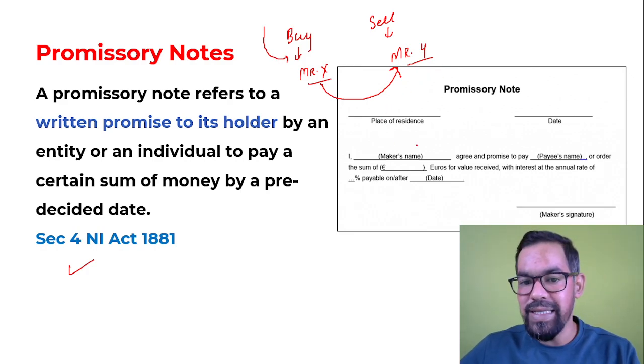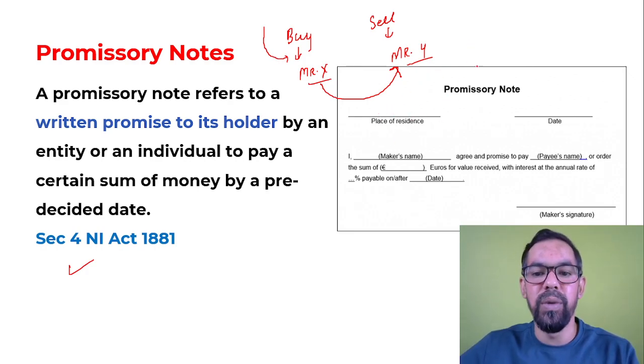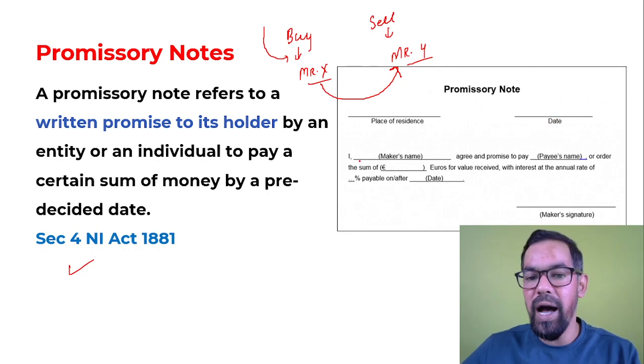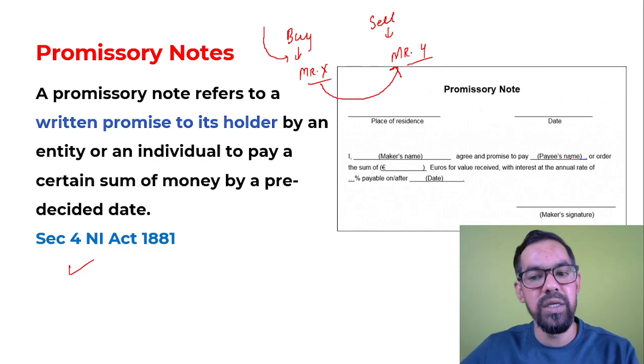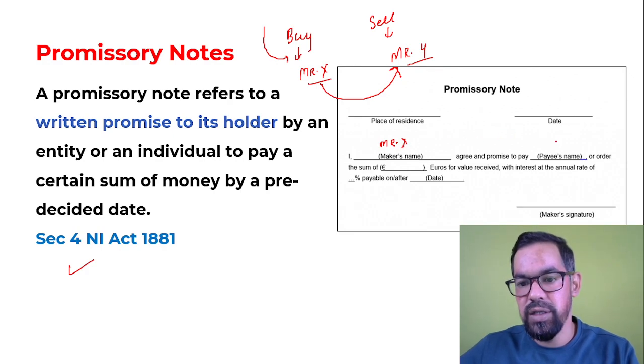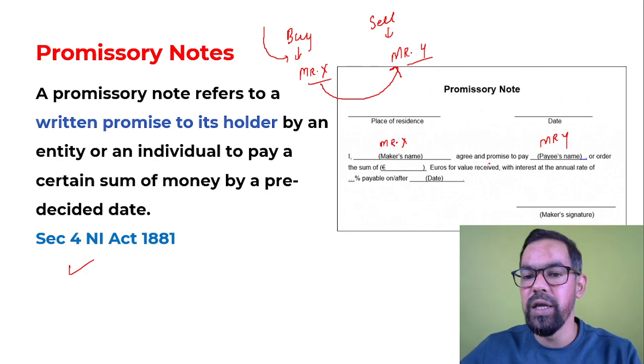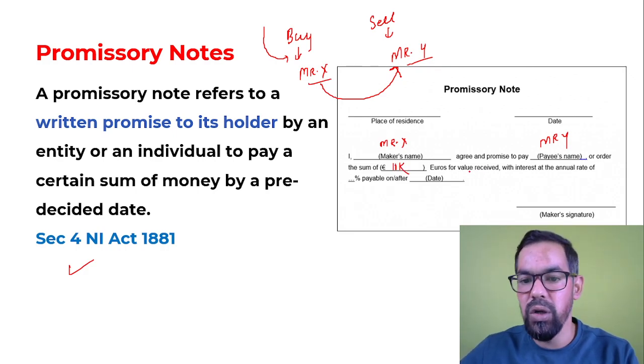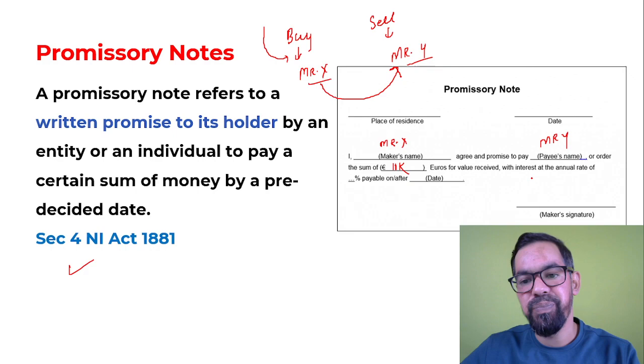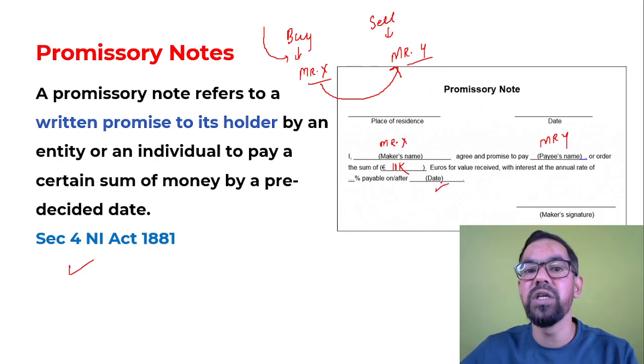Here you can see this is the format of a promissory note. Date. I, Mr. X, the purchaser, agree and promise to pay this amount to Mr. Y, or order, let's say 10,000 rupees or euros, for value received with interest at an annual rate of this percentage, on the payable date, on this future date.